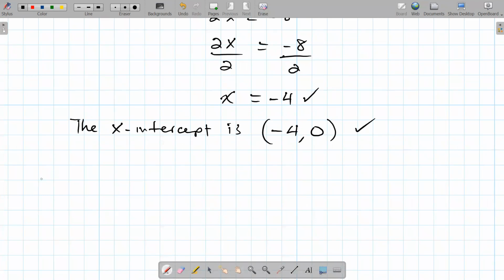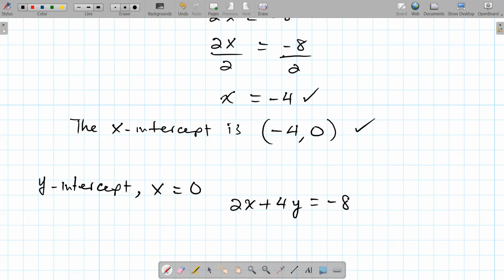What about y? Y-intercept, set x equals 0. So again, I'm using the same equation, 2x plus 4y equal -8.